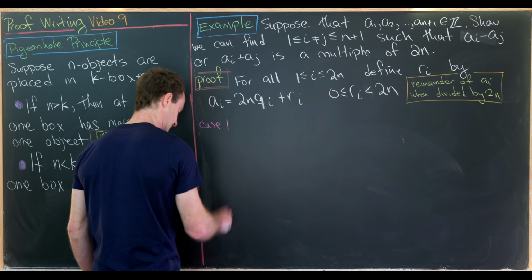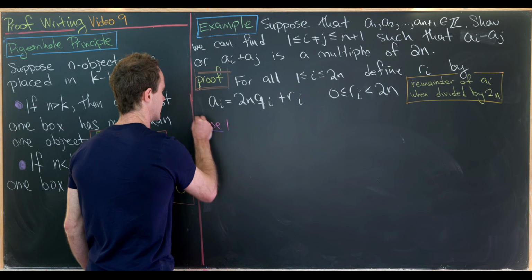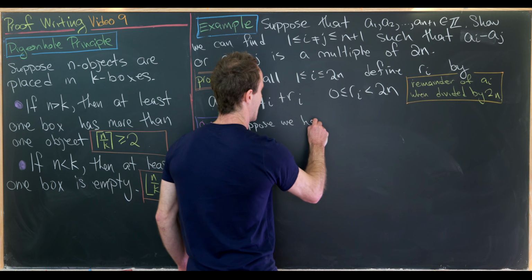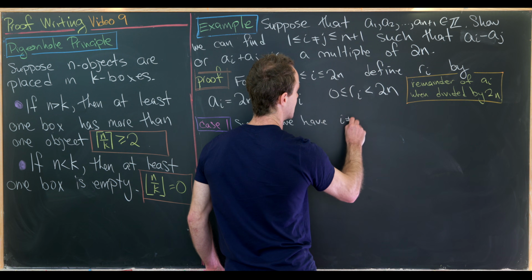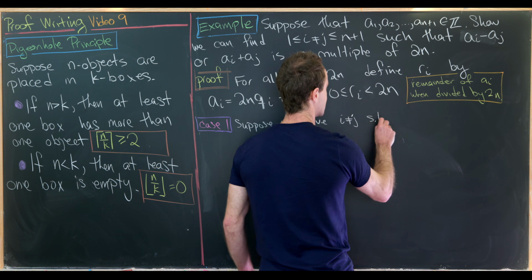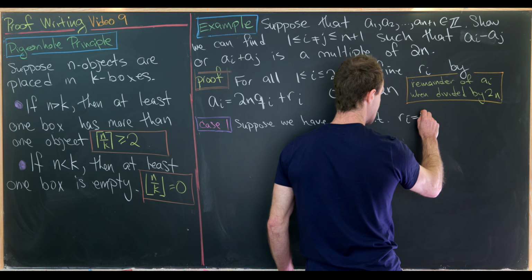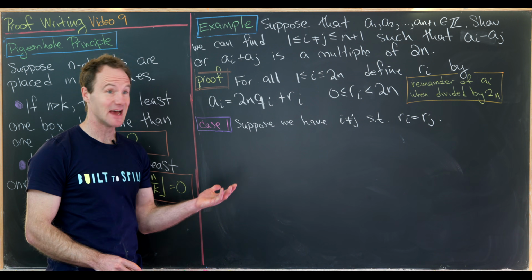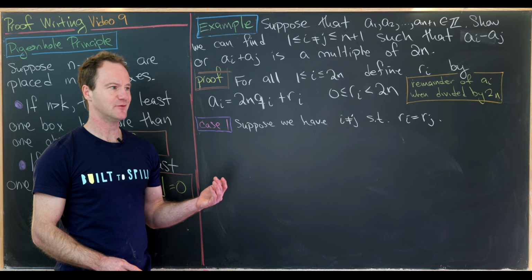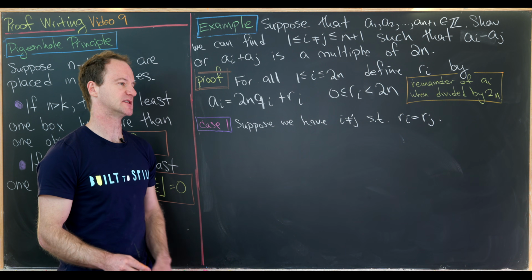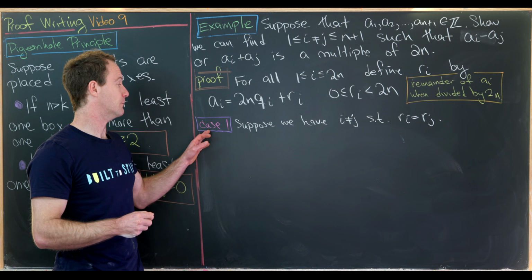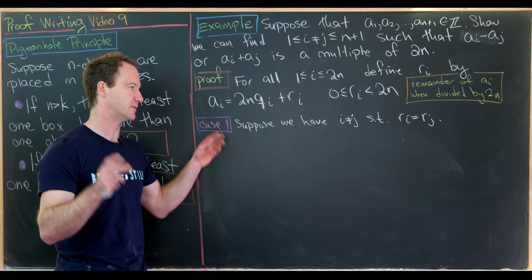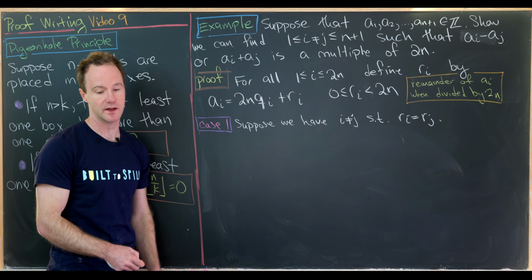So that first case will be the following. So let's suppose we have i not equal to j such that ri is equal to rj. Okay, nice. So that's definitely a possibility. And you might say, well, this is a super restrictive possibility, and maybe it is. But we'll cover all other possibilities with case 2, which, as we'll see, will be essentially not case 1.